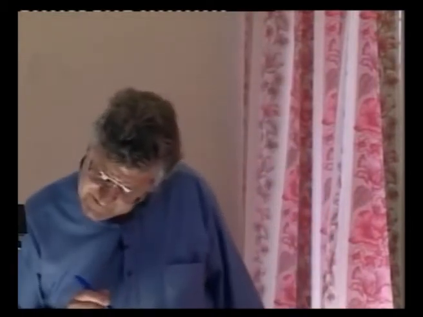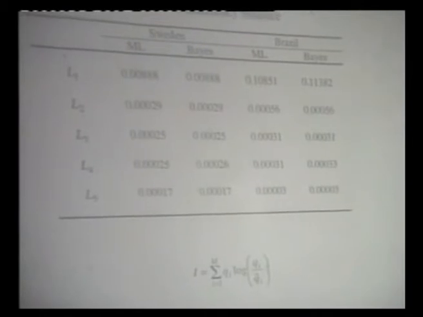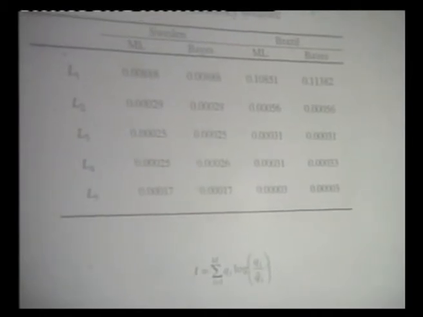So what I did here is get the predictions. To get the Bayesian predictions, I used the posterior means, and I computed this measure. So the smaller the value, the better the fit. The bigger the value, the bigger the information inaccuracy.